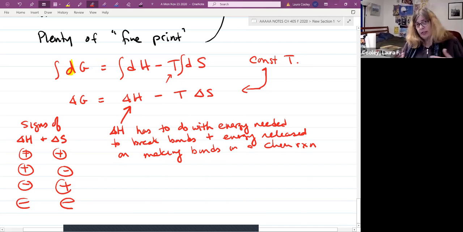All the bonds that are broken are positive delta H's. All the ones that are released are negative delta H's. Add them all up, and that's what delta H has to do with.